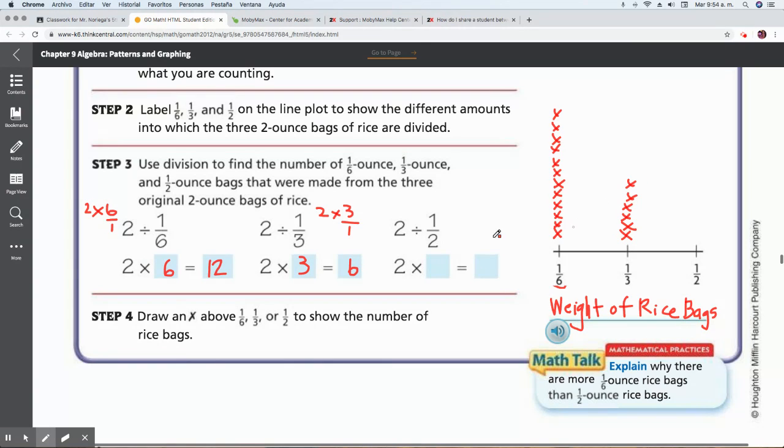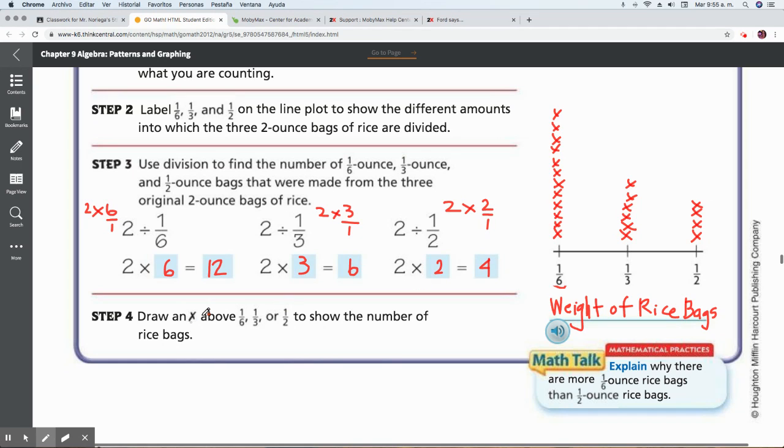Then we're doing the same thing with 2 divided by 1/2. Again, we change the division symbol to times, and flip this fraction to use its reciprocal. So 2 times 2. What's 2 times 2? 4. So how many X's do we need on top of 1/2? 4 X's.